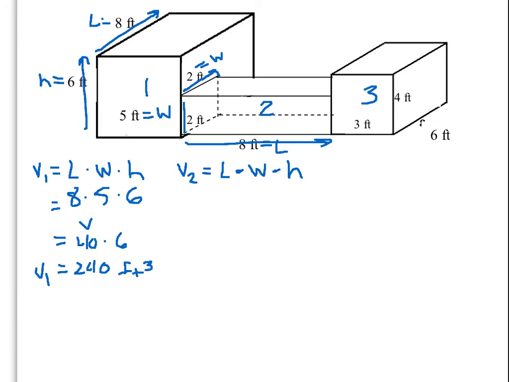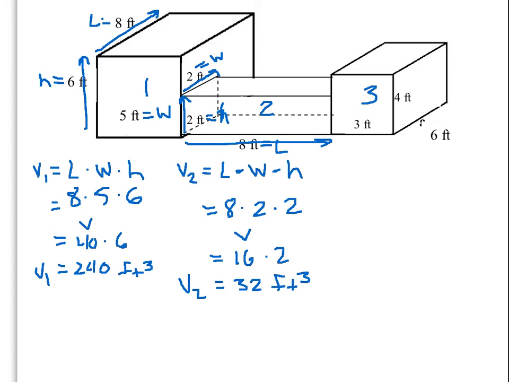And I think about this as my height. That's also going to be equal to 2. So I plug it in: length of 8, width of 2, height of 2. 16 times 2 is equal to 32 cubic feet. Sad news for Mr. Curry, that's really not a big gain for him, but he's got this whole other room. Maybe we'll sort it out with this other room.